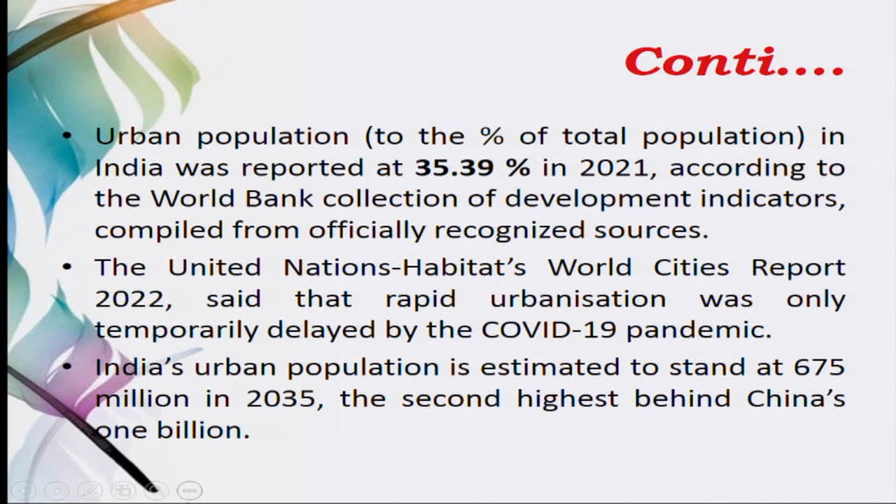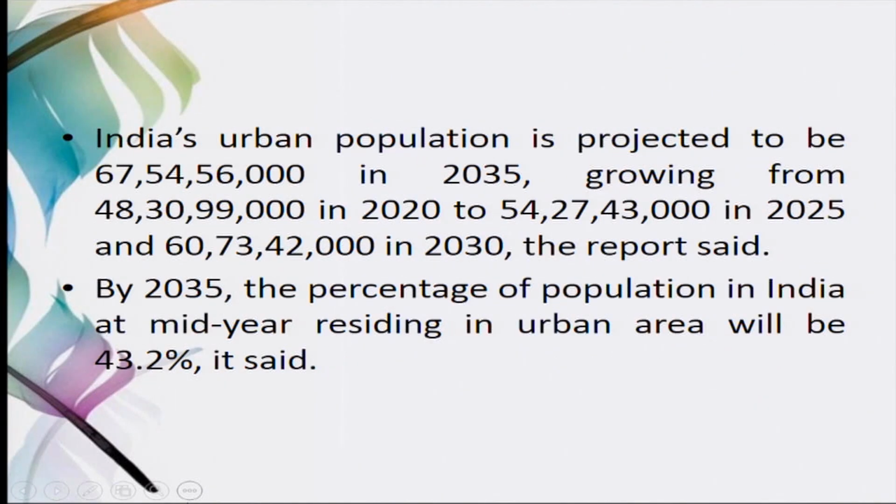India's urban population is estimated to stand at nearly 675 million in 2035, the second highest behind China, growing from 483 million in 2020 to 542 million in 2025 and 607 million in 2030, the report said. By 2035, the share of India's population residing in urban areas will be nearly 43%.